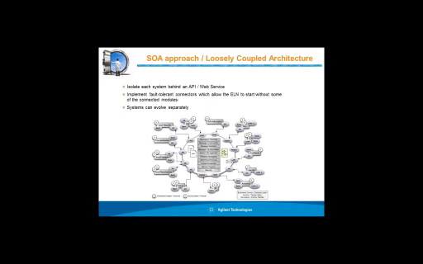So the approach that we recommend is really the service-oriented architecture, so-called SOA, or loosely coupled architecture. The idea is to think about each system and isolate them behind an API. API could be based on web services or REST services, depending on the technology you use.